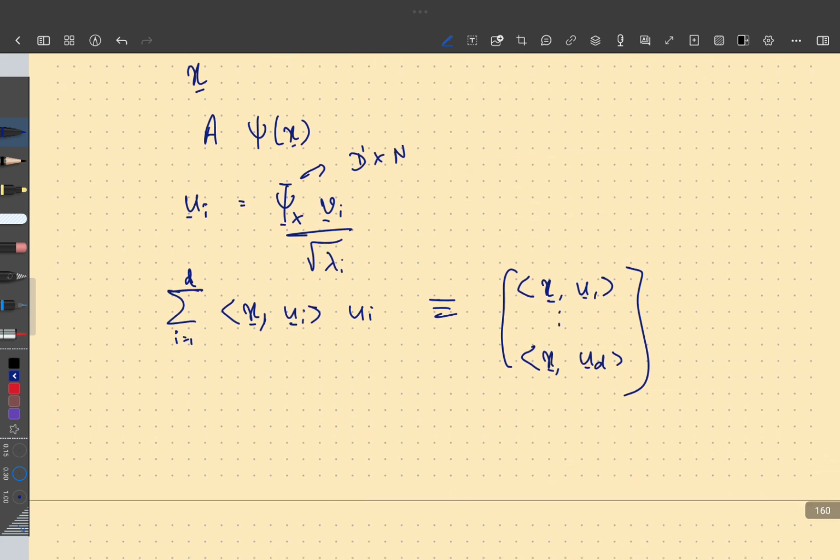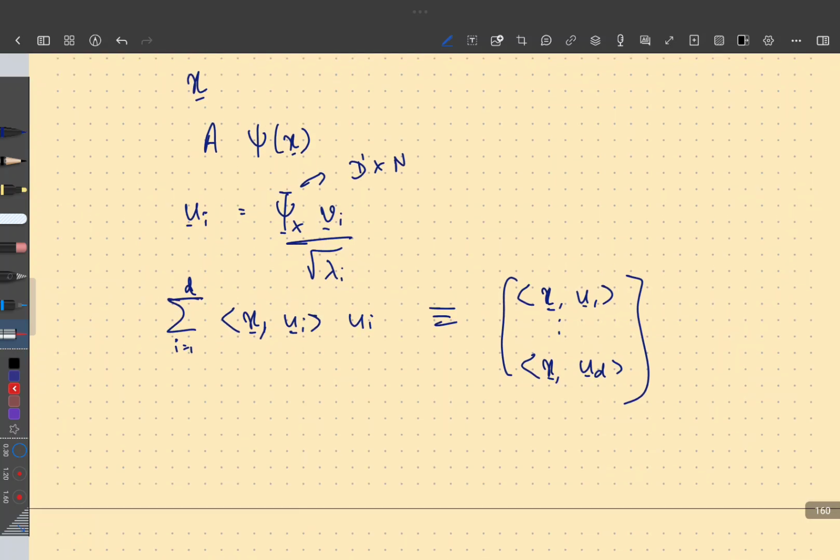But the problem is that I really can't compute ui directly, because it is in the high dimensional feature space. But the advantage is that I can compute these inner products easily.